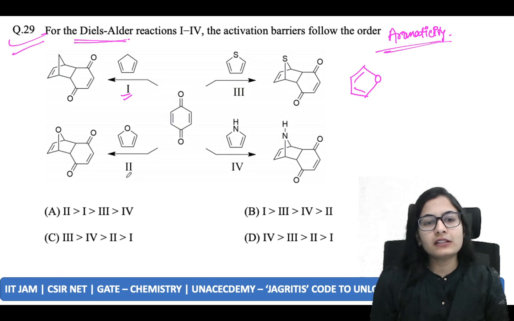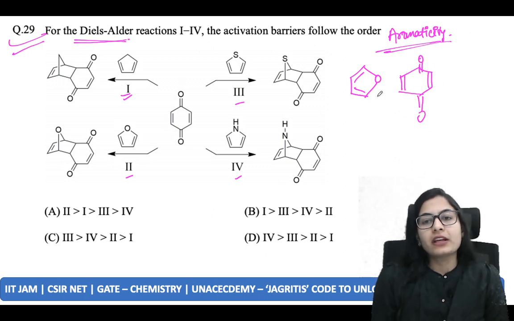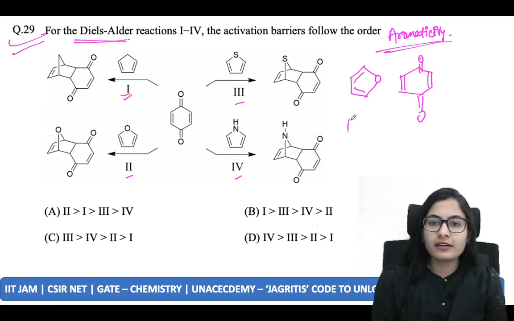Now the other three, 2, 3 and 4, depending on their aromaticity, are going to react with the maleic anhydride, with the phthalic anhydride, sorry. So which is going to be the best diene?